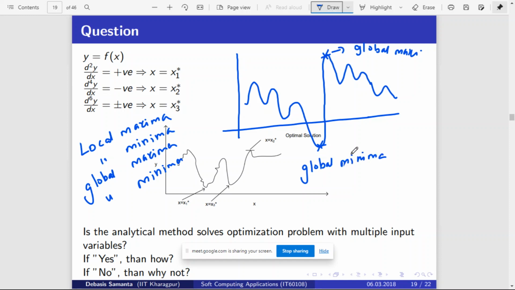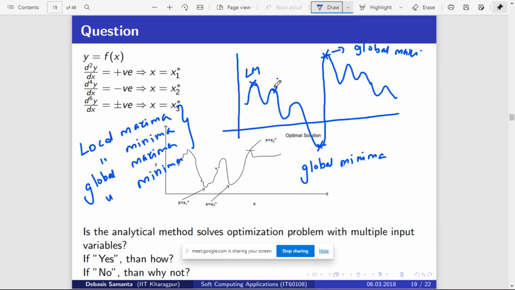See, what about this point? Out of these four terminologies, which name can you give? This is local maxima. What about this point?